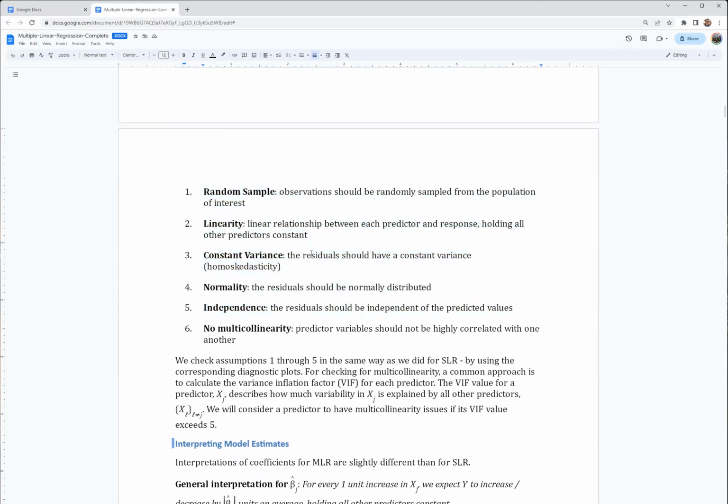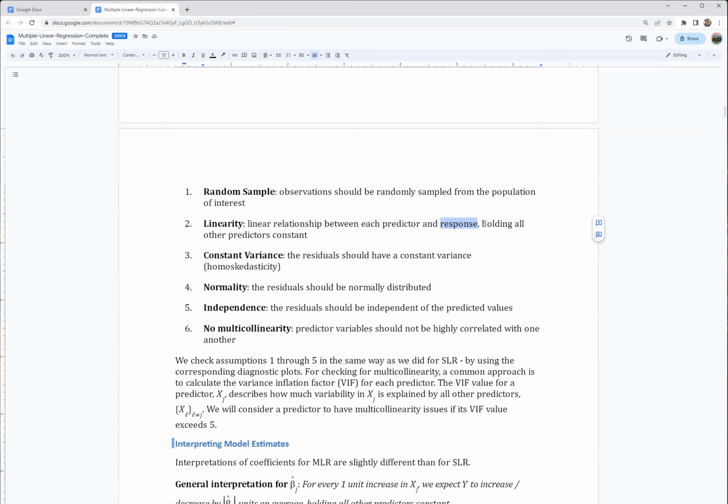So before, for simple linear regression, we needed a random sample, so that's the same as before. And we needed a linear relationship between x and y. Now we need a linear relationship between each predictor, each x, and y, holding all other predictors constant. Okay.